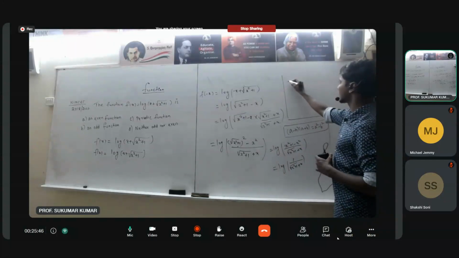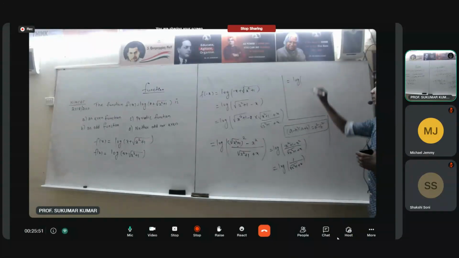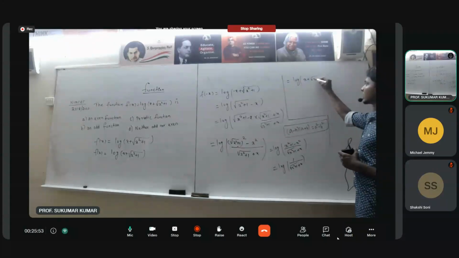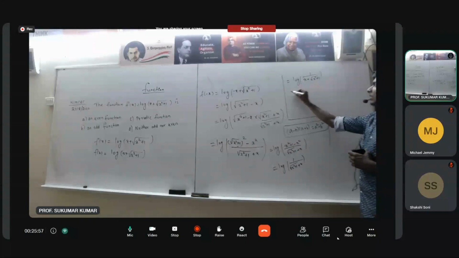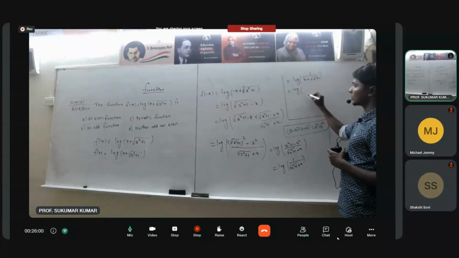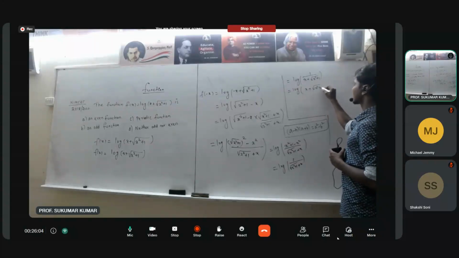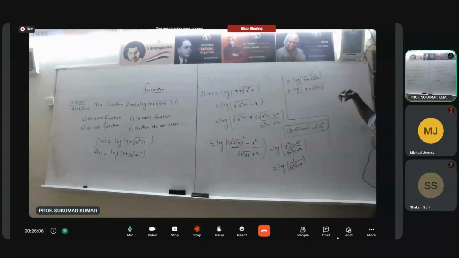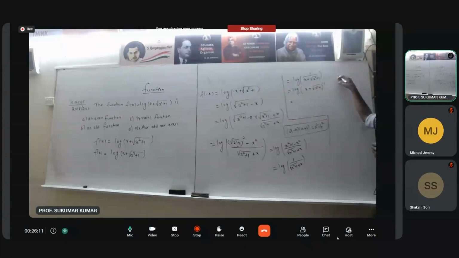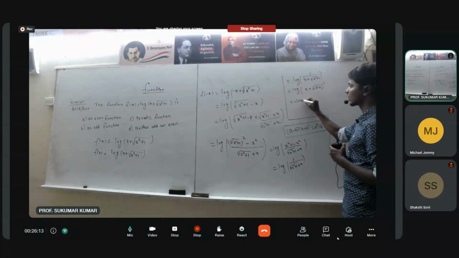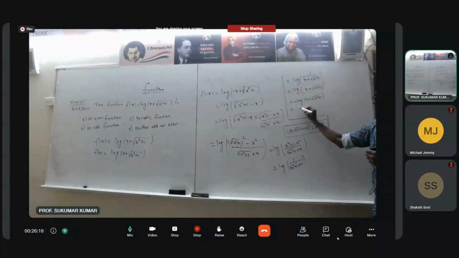So finally, log of, I'm rearranging, x plus root of x square plus 1. I can write it, the value doesn't change. Again, log of x plus root x square plus 1 whole inverse, I can write now. I'm bringing the numerator. We have studied the log function, right? If something is on the power, it will come in front. So minus log of x plus root x square plus 1, which is nothing but minus of f of x.